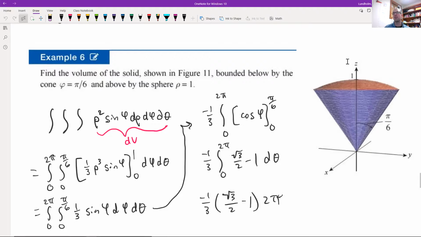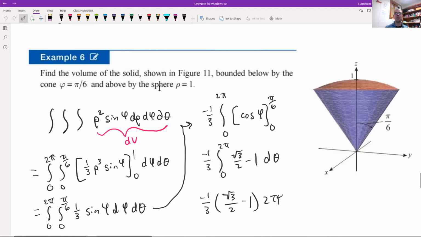In order to do this, the first variable that we're looking at is rho. And so rho is the radius. We're going to be looking for what's the smallest the radius gets, and then what's the largest that the radius gets.